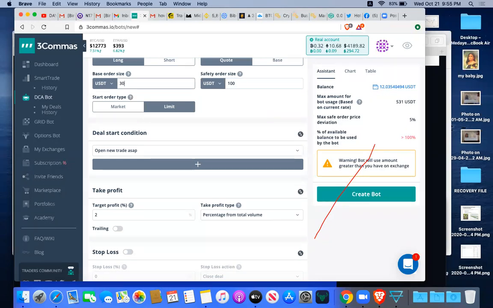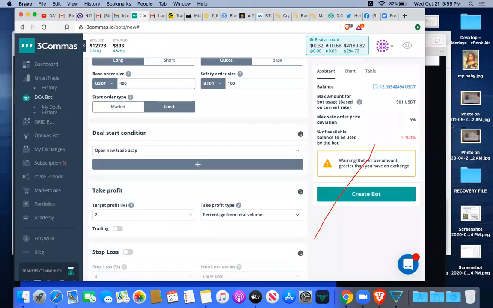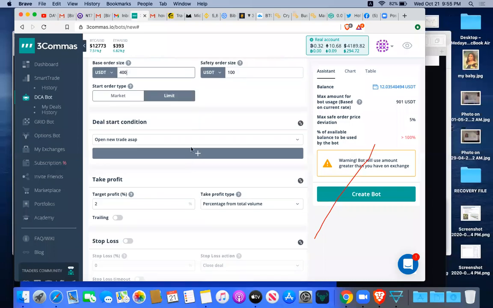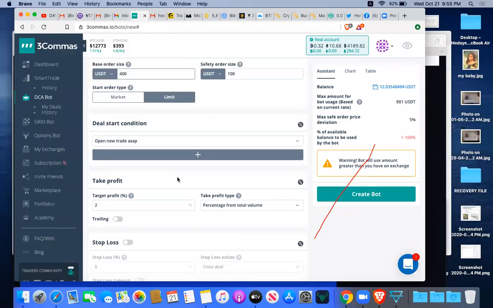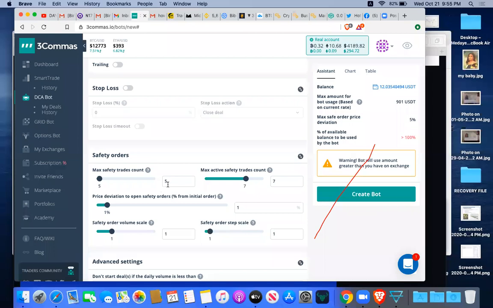Now I'm buying $400 worth. Can you see? It has calculated the total money needed to execute all this. So it buys this $400 at every opportunity, and after selling it repeats this trade up to 5 times. That's what this one means.